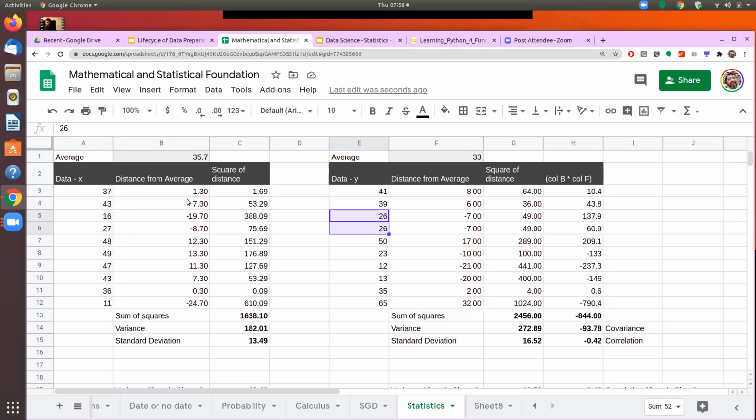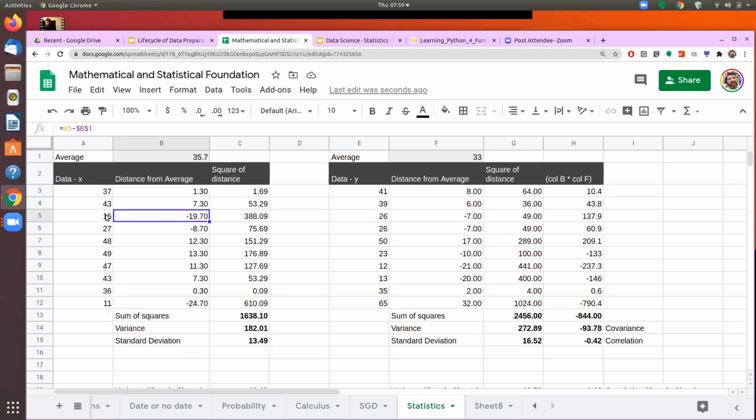Then I measure the distance from the average. So if you see the formula here, it is A3, which is this data, minus the average. So I compute the distance for each of these data elements from the average. All of these are how far away they are from the average.